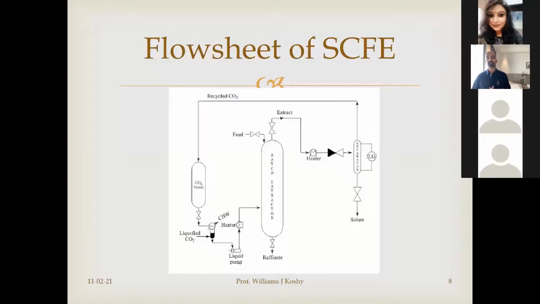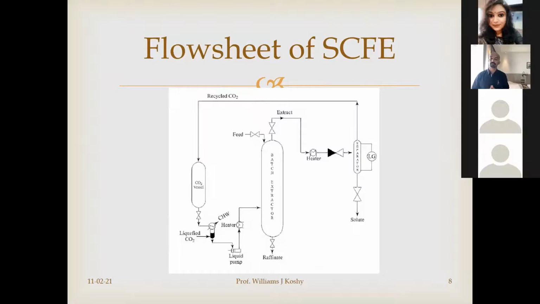This liquefied CO2 I take into the positive displacement pump, the liquid pump, and I increase its pressure beyond its critical point. So the liquid CO2 that comes out of the liquid pump will have a pressure above its critical pressure, but its temperature will be less than the critical temperature.